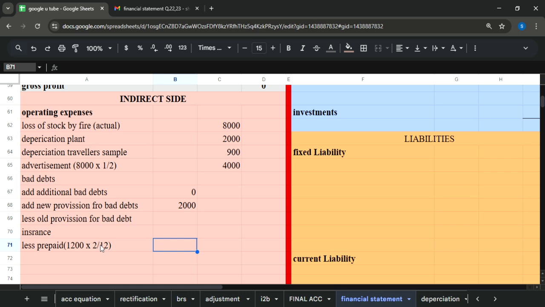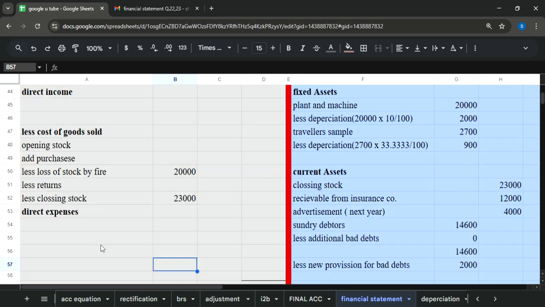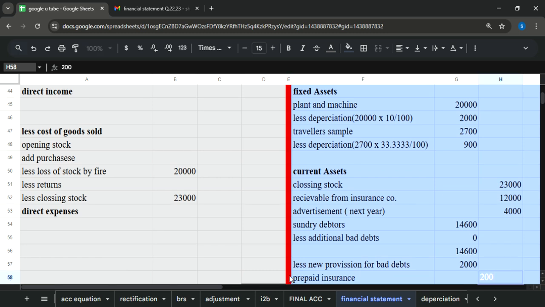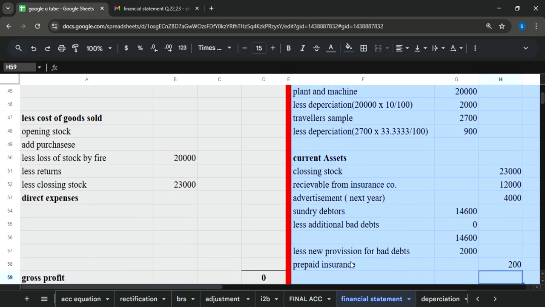You have calculated just for 2 months. 1200 was the amount of insurance for 1 year. Multiply by 2 divided by 12 and you have got your prepaid. The second effect of prepaid would be in current assets. So prepaid insurance 200, which you have just calculated, is written on the current asset side.